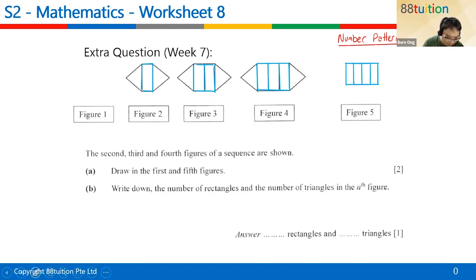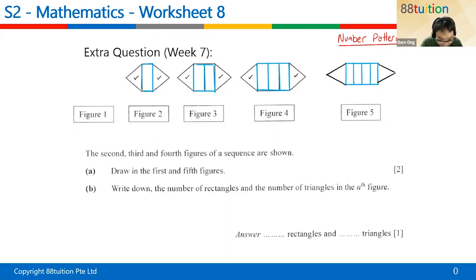But every one of them got what? Triangle, triangle, triangle, triangle. So figure 5 will also have its own triangle. So simple, right? This is what you learn in Sec 1. How to draw figure 1? Figure 2 got 1 rectangle.